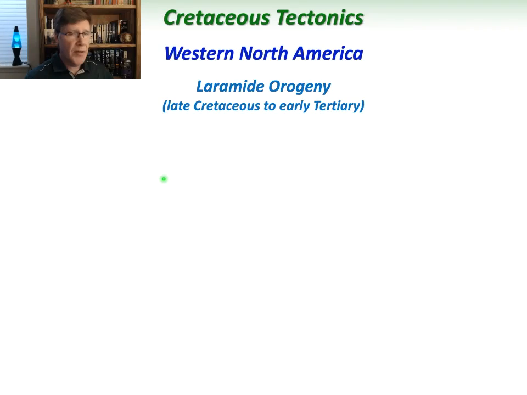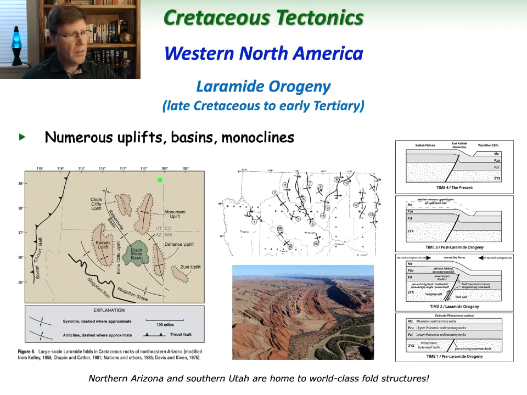But wait, there's more. The Laramide orogeny affected portions of the North American craton that hadn't seen deformation in a very long time. This map right here shows the eastern limit of the Sevier fold and thrust belt, so pretty much present-day Nevada down through where Las Vegas is.